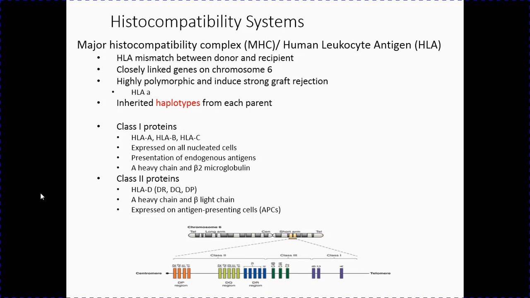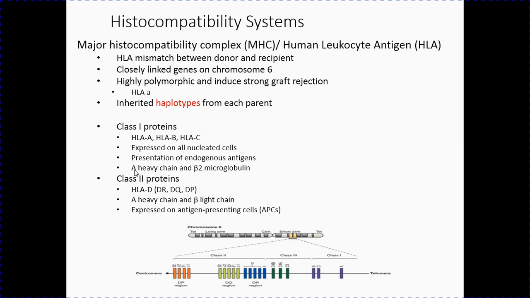MHC class 1, as we remember, is involved in the processing and presentation of endogenous antigens, those from inside of the cell. Class 1 proteins have a structure very similar to immunoglobulins. It should say alpha here, a little alpha instead of an A, but whatever. It has an alpha heavy chain, and that's where the polymorphism is.